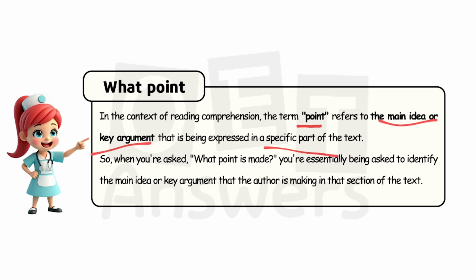So when you are asked what point is made, you are essentially being asked to identify the main idea, the key argument the author is making in that section of the text. So the information will be present in the particular paragraph. This is what "point" indicates.